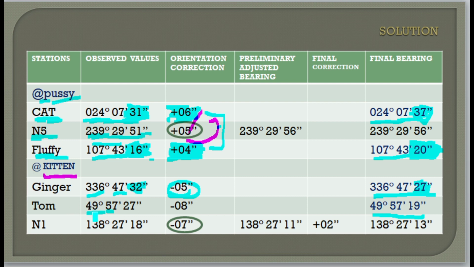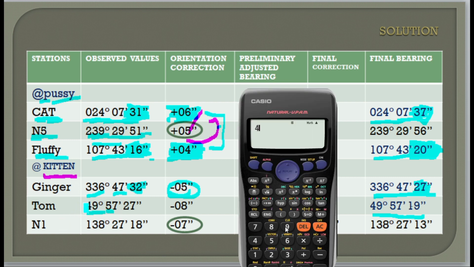And then we move on to the next, kitten to Tom, the same. Here our degrees and minutes are the same, but on our seconds section, that's where we have a difference. By subtracting both, we see we have a difference of 8 seconds.